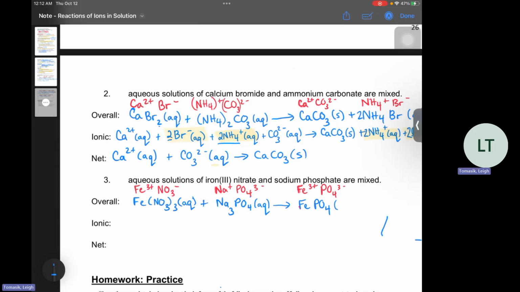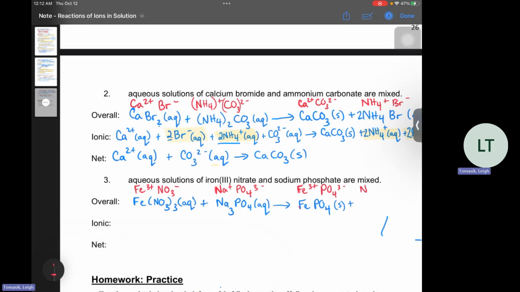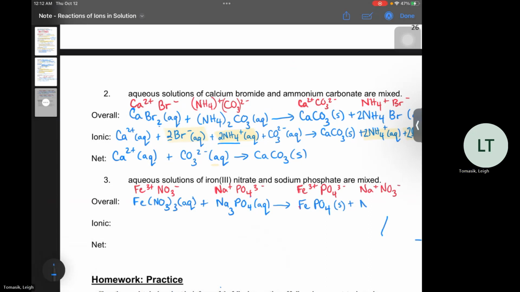It's going to be a solid, and we're going to get Na and NO3. So Na has a charge of +1, NO3 has a charge of -1. So we're just going to get NaNO3 aqueous. Right, you don't have to put the solid one first. You don't have to put the solid one second.